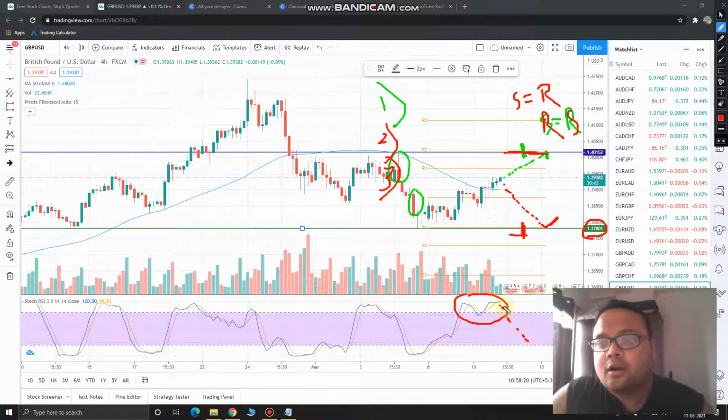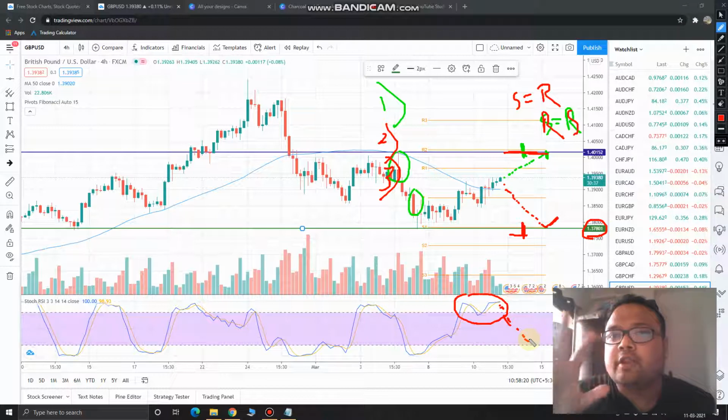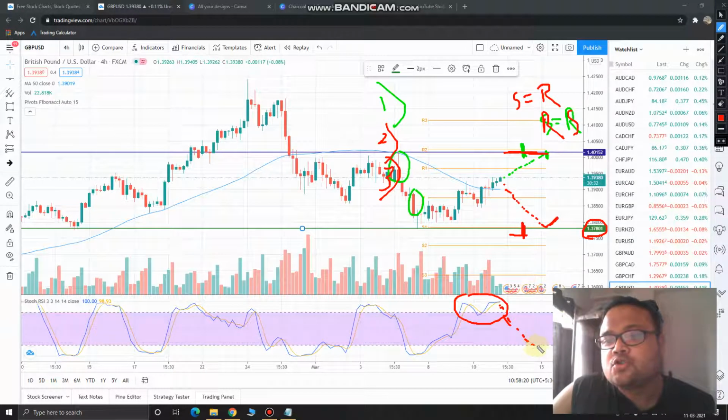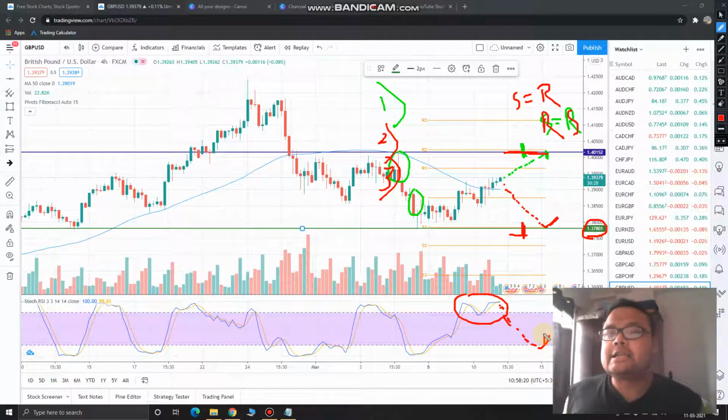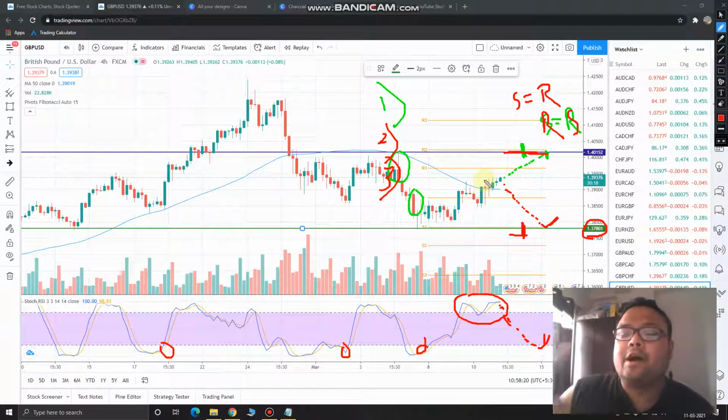So when the stochastic RSI will be in oversold level, just observe the position of the market. If you see that stochastic RSI is at an oversold level and it is about to go up again, getting ready to move upward again, like this, or like this, just check where the price is.